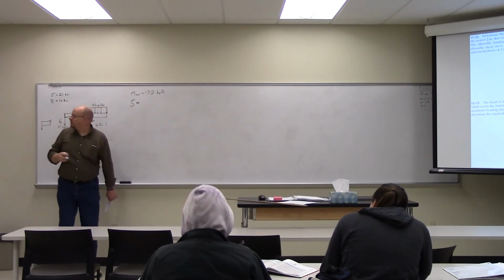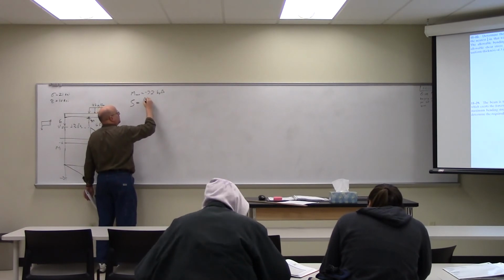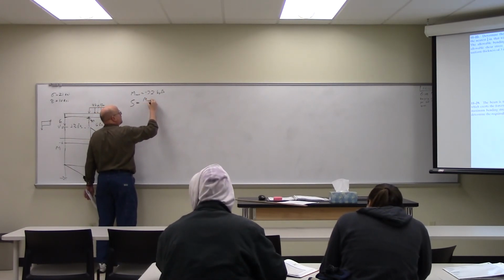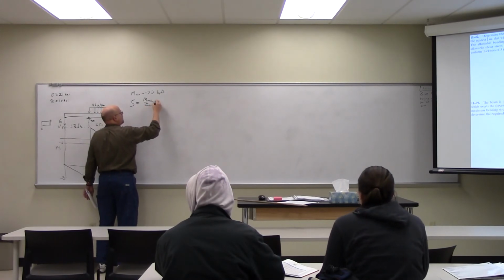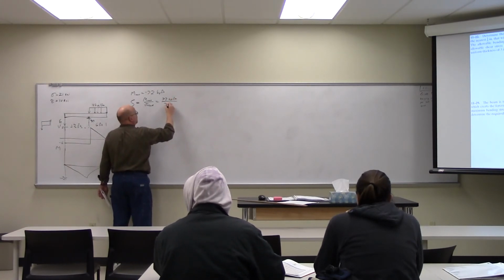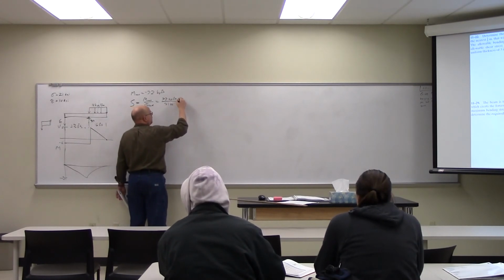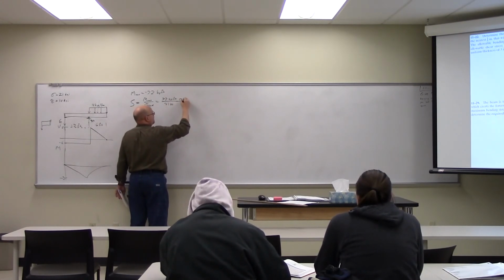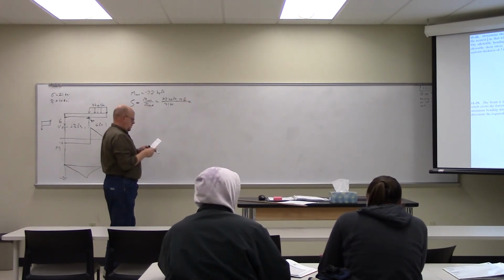I'm going to solve for S. Negative 72 kip feet divided by 21 KSI. Again, gotta multiply by 12 inches per foot. What's that give me?